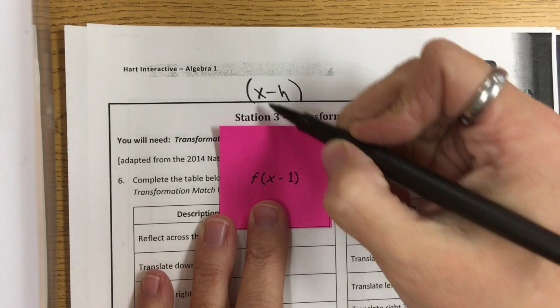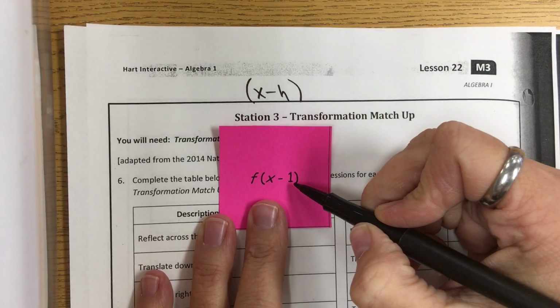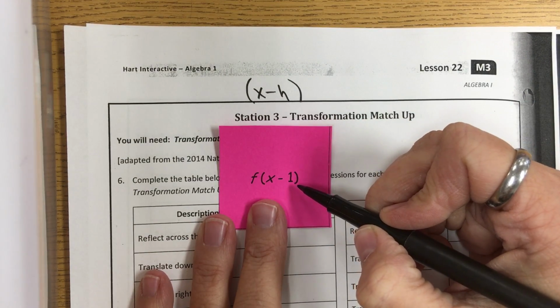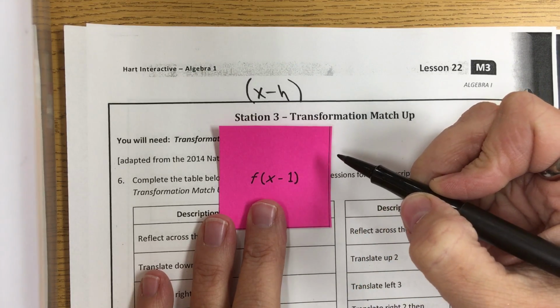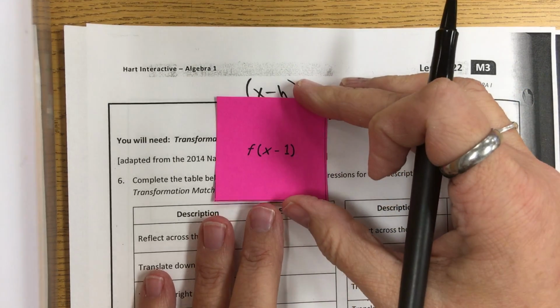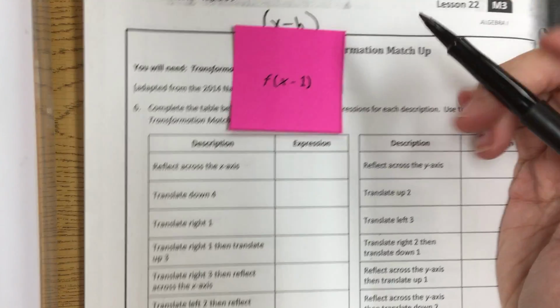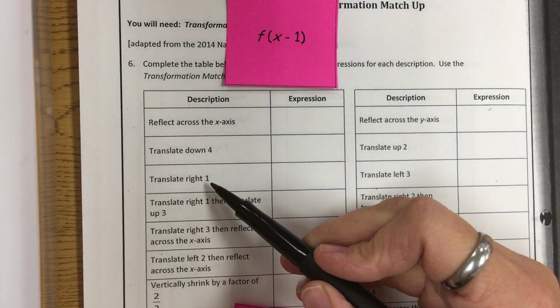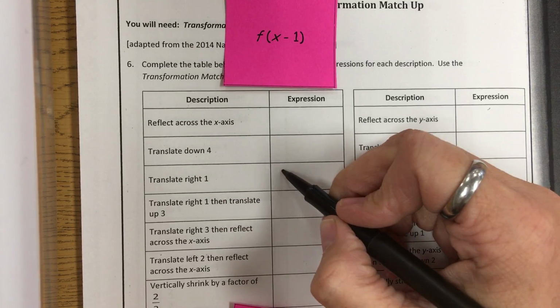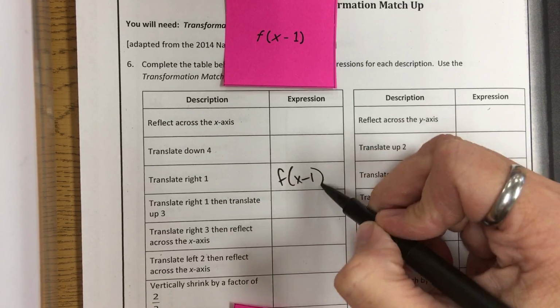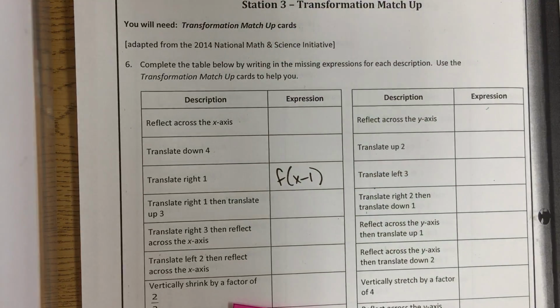So this minus sign goes along with this formula, so that means I have the number 1. So I'm adding 1 to the x values, so that means I'm moving to the right 1. So I look over here, translate to the right 1. So I put in here this equation.